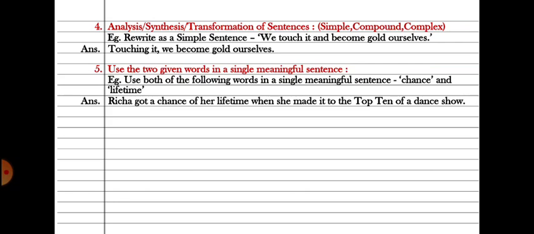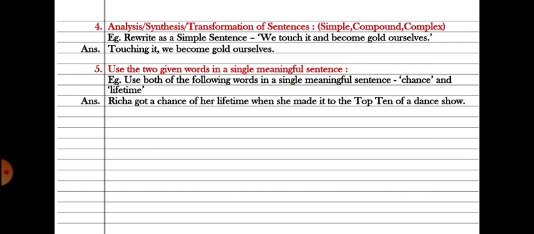Question number 5. Use the two given words in a single meaningful sentence. For example, use both of the following words in a single meaningful sentence. And the words are chance and lifetime.